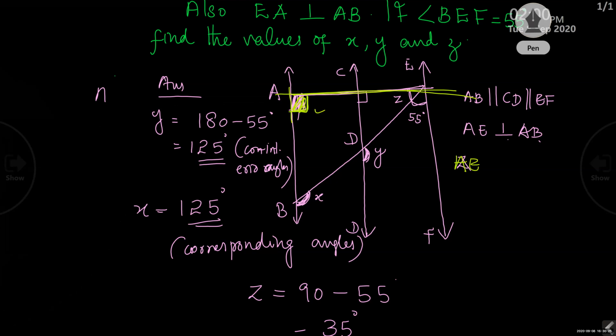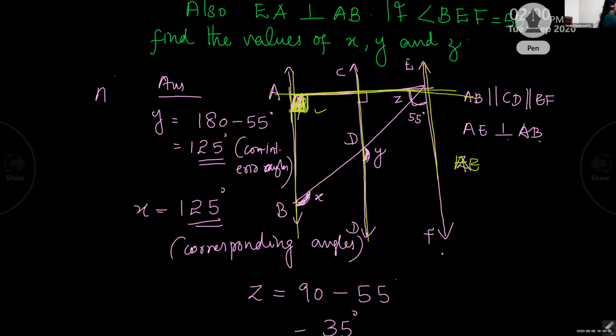And AB, CD and EF are parallel. If this is 90 degrees, this also will be 90 degrees because all these are parallel lines. See, corresponding angles.